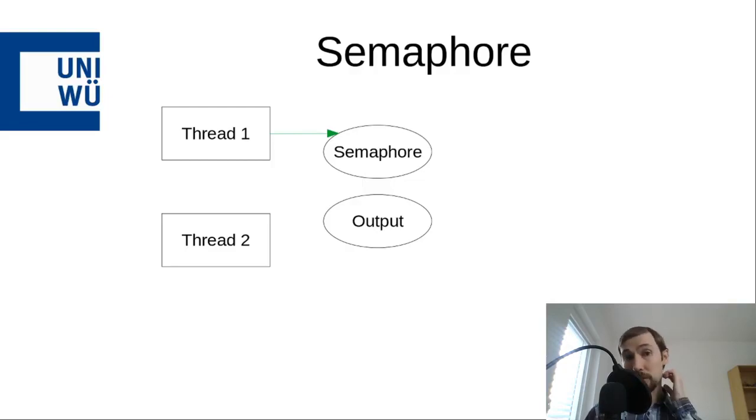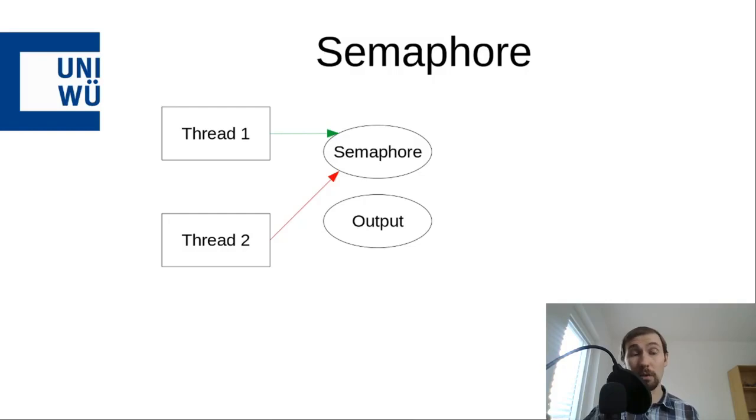It is green, so it can further execute its code and access the output device. In the meantime, thread 2 might be executed and might also enter the semaphore. But as the semaphore is already entered, thread 2 is suspended. This is why it's red here. So the second thread is suspended until the first one leaves the semaphore.